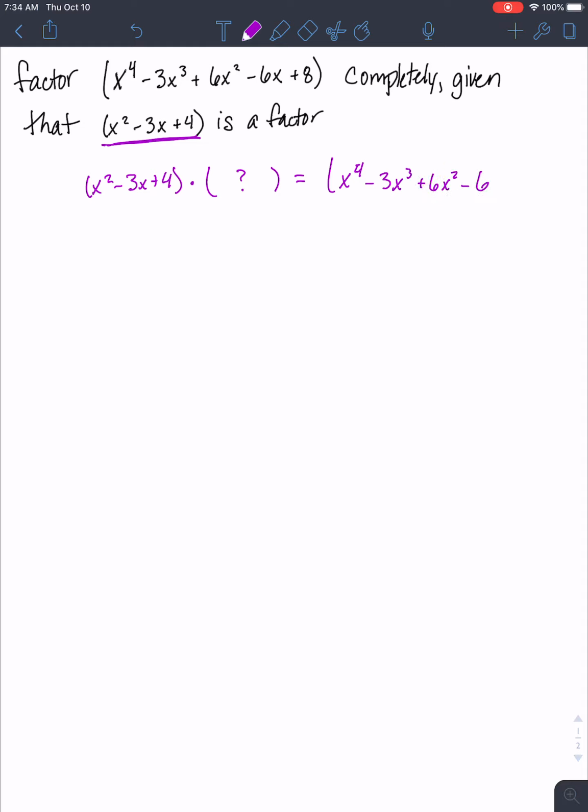So we're going to use our area model just a little bit backwards in order to figure that out. Our area model looks like this. We make our gigantic rectangle, and our factors go along the outside. So our first factor is our x squared minus 3x plus 4, because that's the one that we already know.